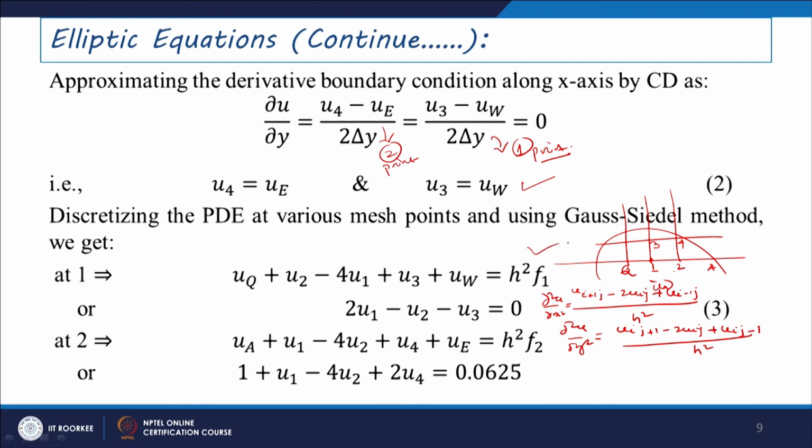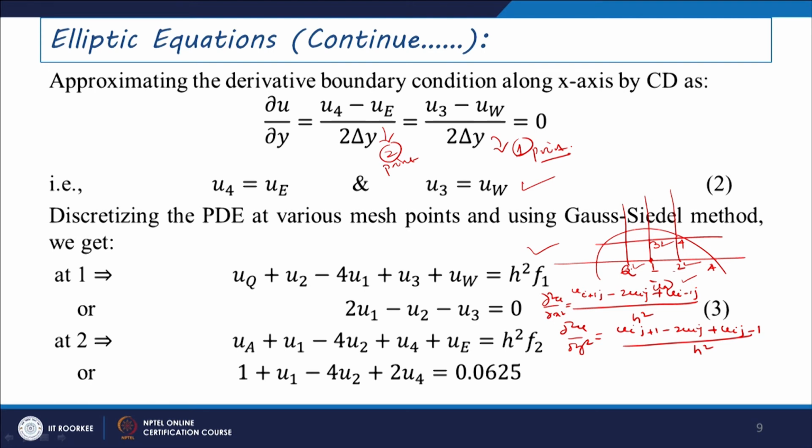And if we consider the symmetry condition here, uq is nothing but the u2 point here, and uw is nothing but the u3 point here. So it can be doubled there itself.